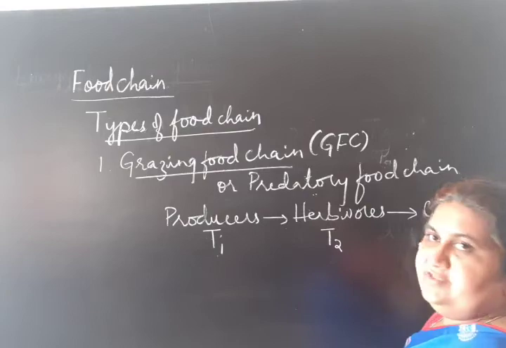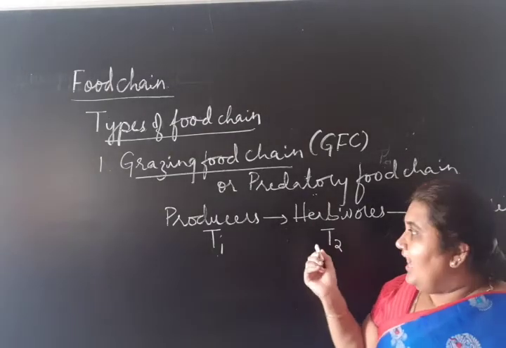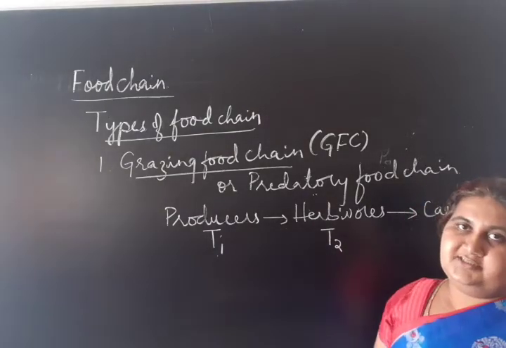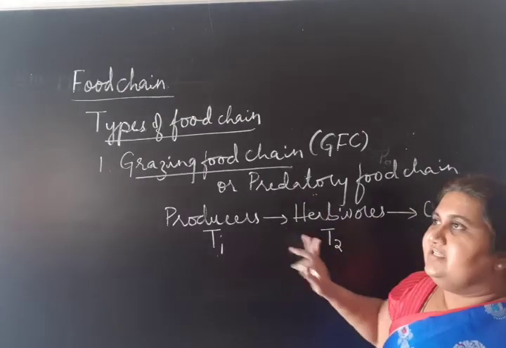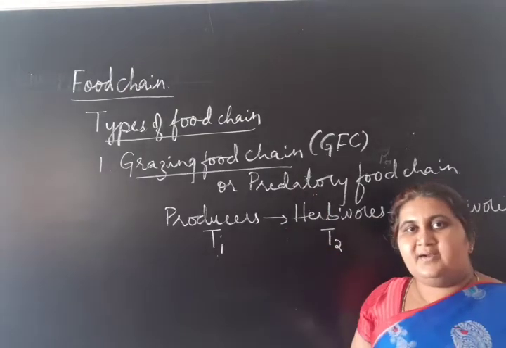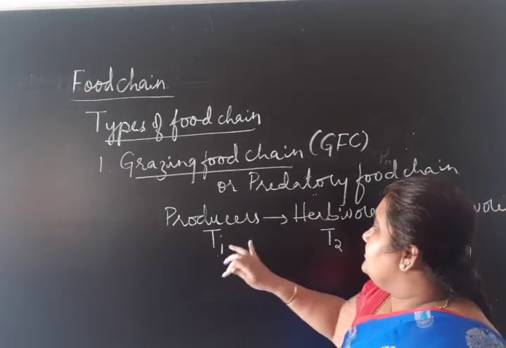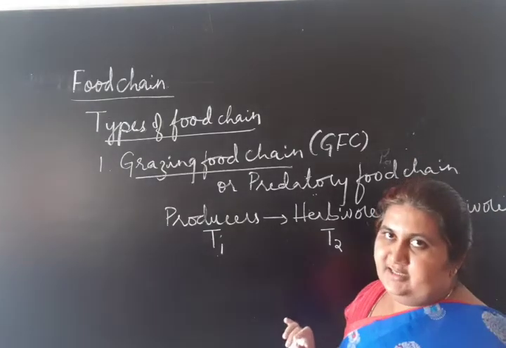At each and every step there is an act of predation. Among the three types, the grazing food chain is the common type of food chain as well as the longer food chain.